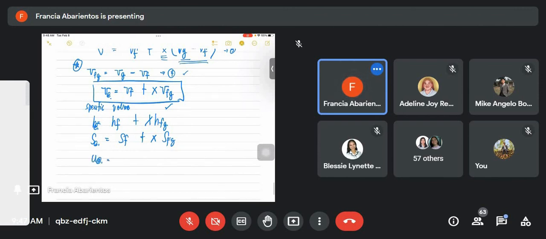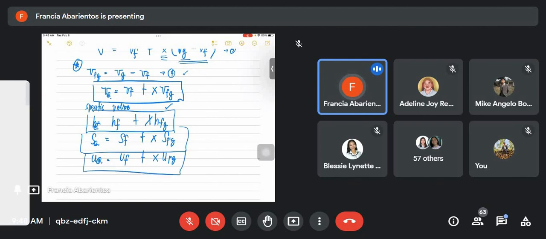We have the internal energy at saturated liquid plus the quality times the internal energy during the change of evaporation. Okay? So, naiintindihan ba? So, this is the basic formula pag given sa atin yung sa wet region. Okay? Naiintindihan ba si ma'am? This is a yes or a no? Masyado na bang mahaba, class?